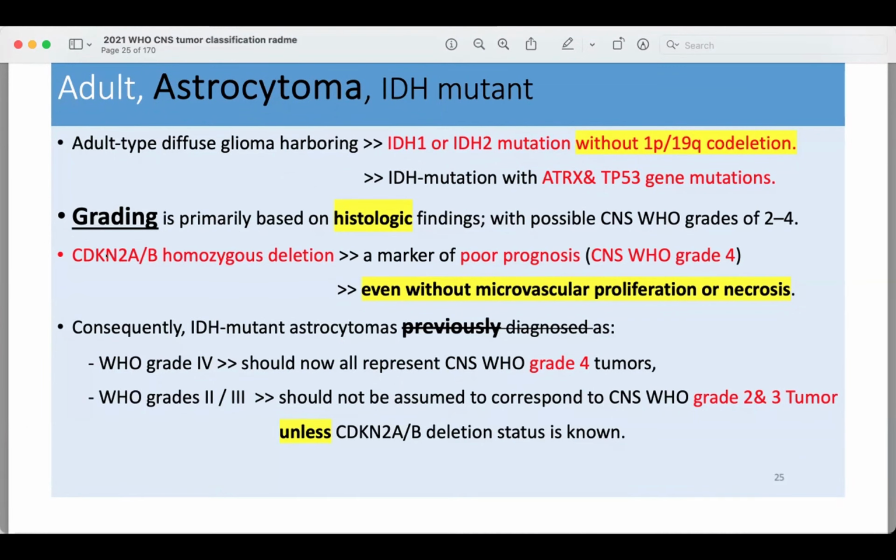And if they find another mutation in this gene also, it is always correlated with poor prognosis, and it always has a grade 4 classification of the astrocytoma, even without the histologic evidence of the aggressiveness, because it will be aggressive after that.